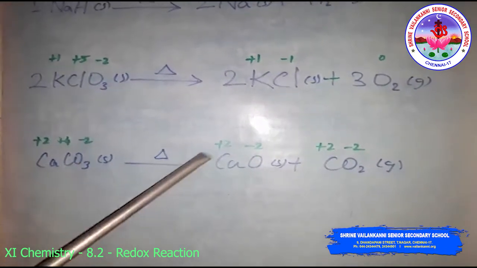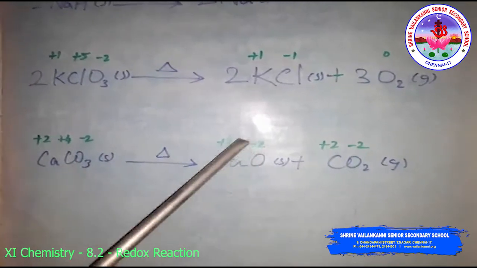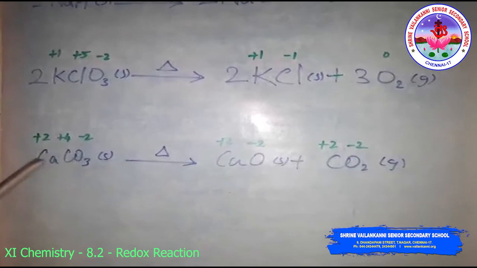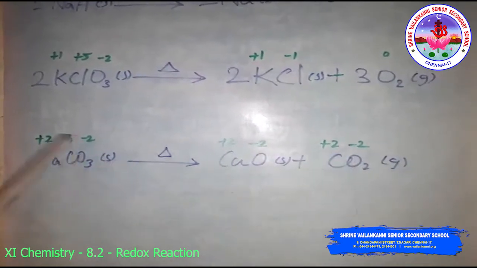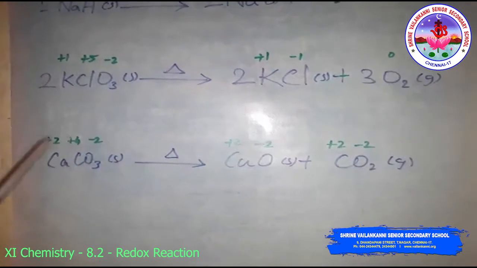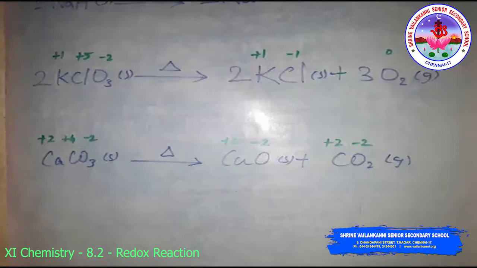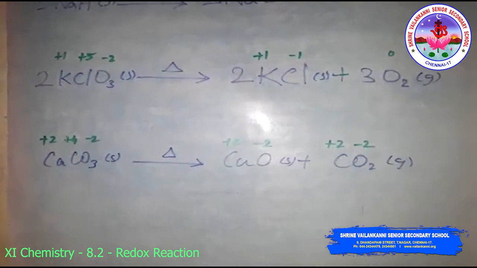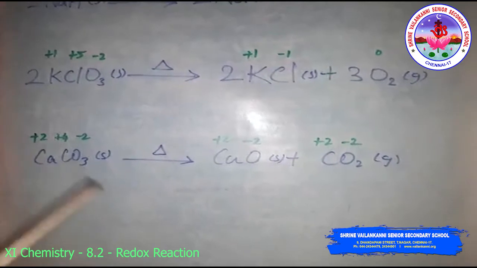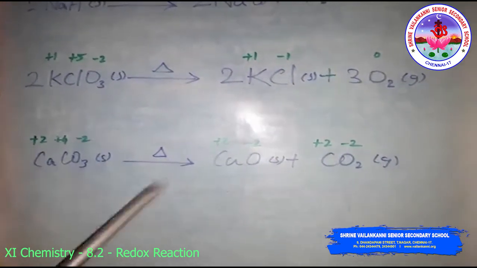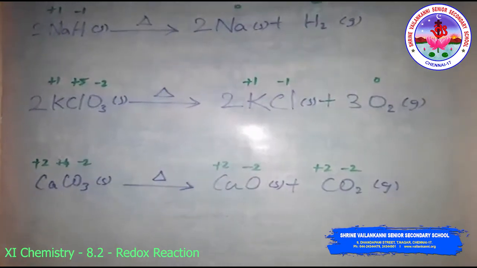Look at here, calcium here is also +2, oxygen -2, here also -2, and carbon +4 and oxygen -2. So here the oxidation states never change. In calcium, here also calcium is +2. So this is not a redox reaction. This type of reaction is also called a decomposition reaction, but not a redox reaction.